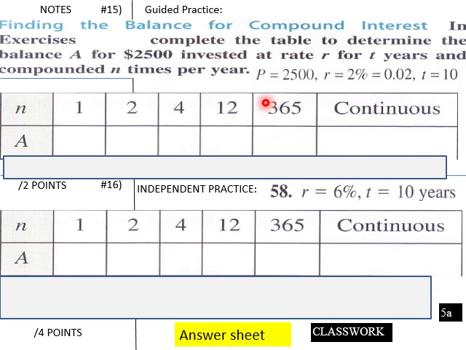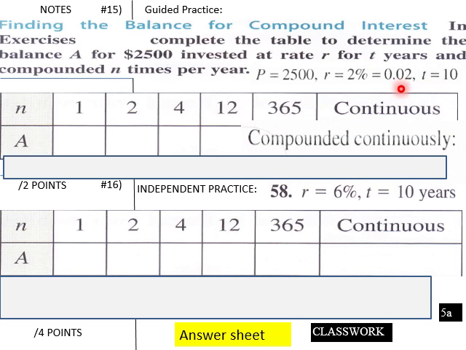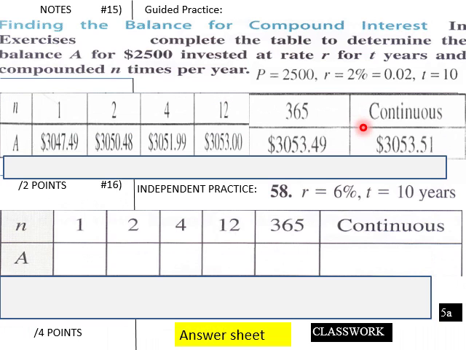So for the first one here, 2,500 at 2%, 0.02, is what this would look like for 10 years. And then we compounded it continuously as well. So for 12 years, it will be this number here.